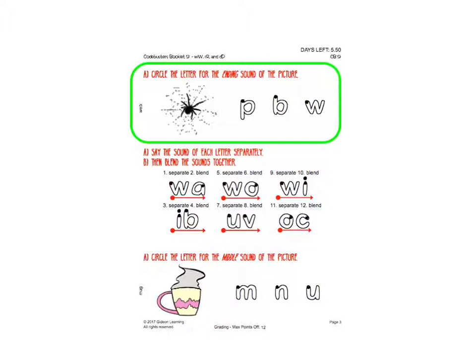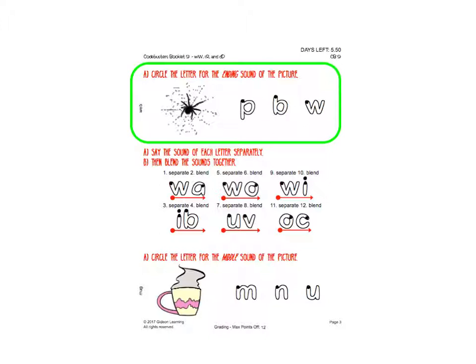One of them, found on page 3 at the top, is an activity that asks the student to isolate the ending sound of the picture. It's important for your child to be able to isolate the different sounds throughout the words to be a stronger reader. So in this activity, hopefully your child identifies this picture as web.